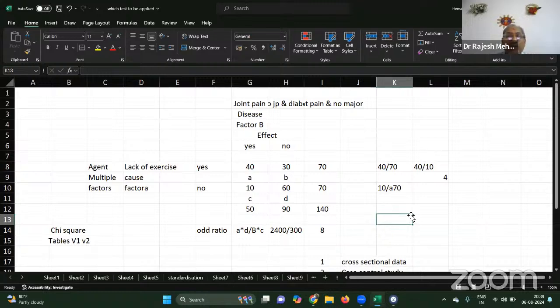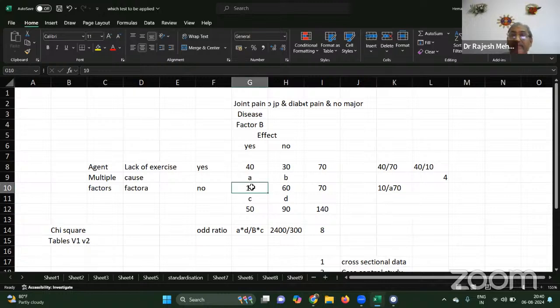Then, more important in public health is, if people start doing exercise, how much the risk of joint pain can be reduced. I repeat, if people start doing exercise, what will be the reduction in the risk of joint pain? In this case, even those who are doing exercise have some other reasons because of which they are suffering from joint pain.